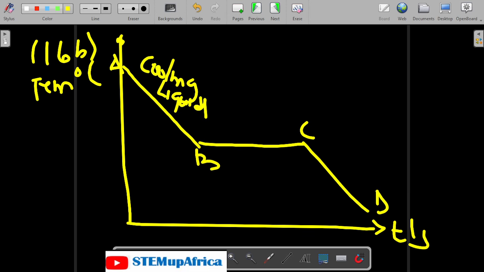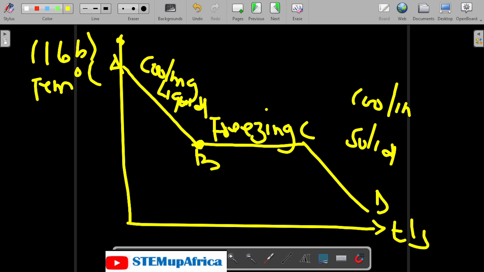Then BC, after cooling the liquid, what next will be freezing. It becomes solid. Freezing. Then C to D is solid. Cooling of solid. That is C to D. Then at this point, each of them will take a certain time. Here is T1. Here is T2.